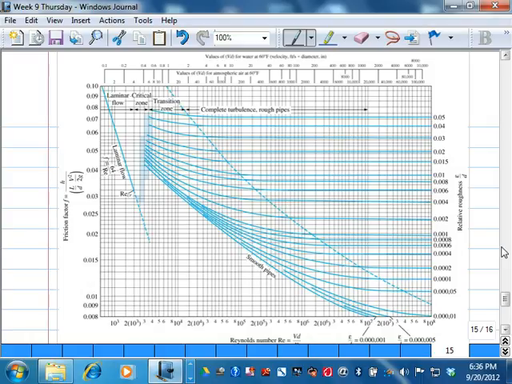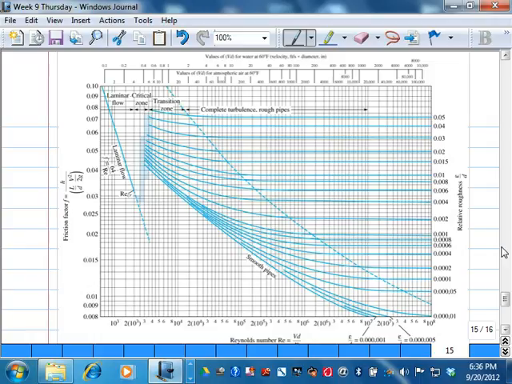What it means is that as you increase the Reynolds number, the boundary layer gets thinner and thinner until it's so thin that any further thinning has no effect.